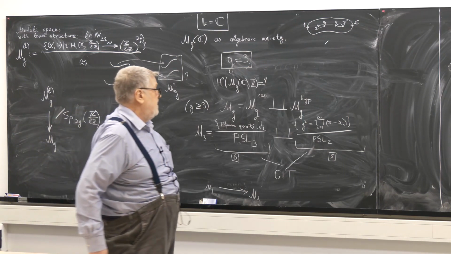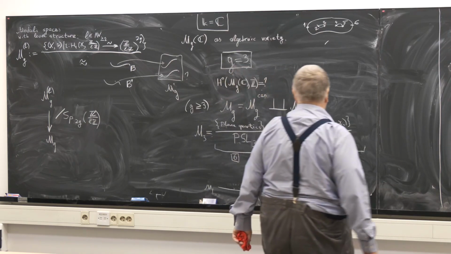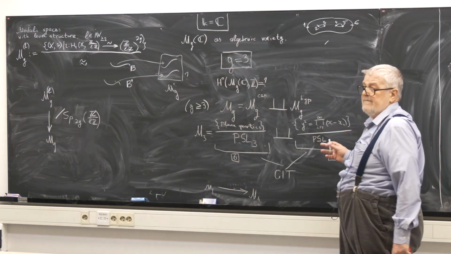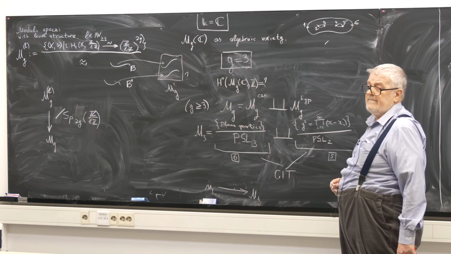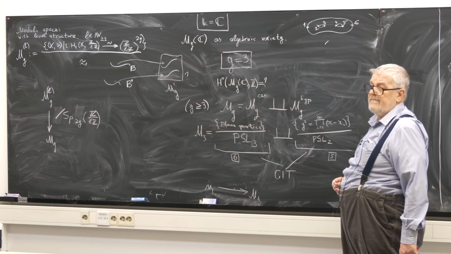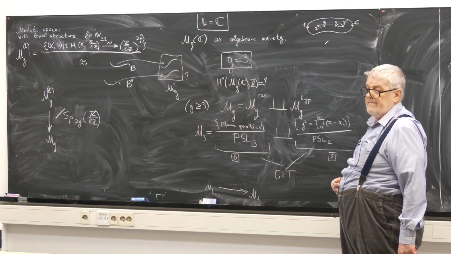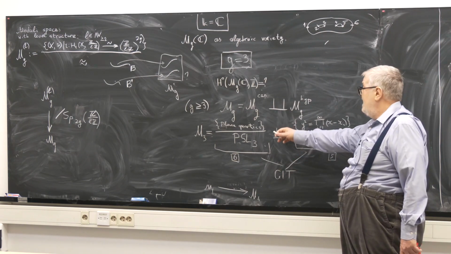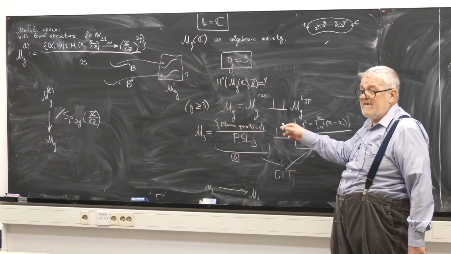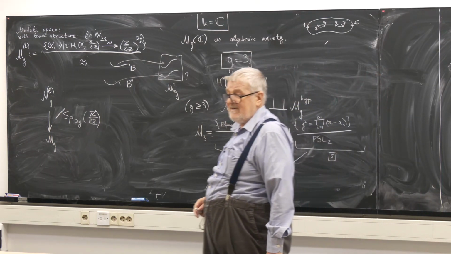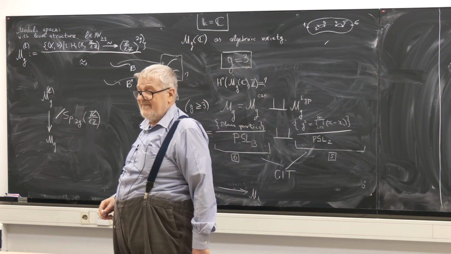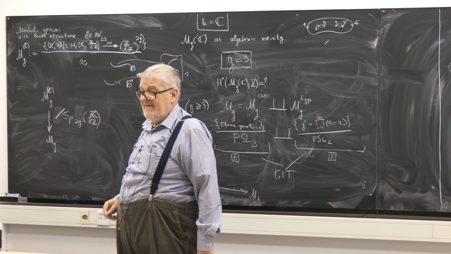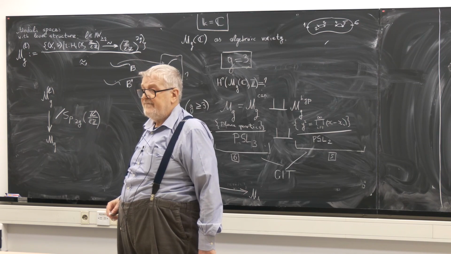So, any questions about it? So, particularly we see that the moduli space of genus 3 curves is not connected, right? No, it is. It is just the set theoretical decomposition. It is connected. So they are not closed subvarieties.